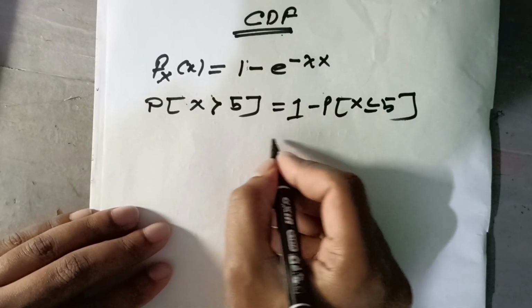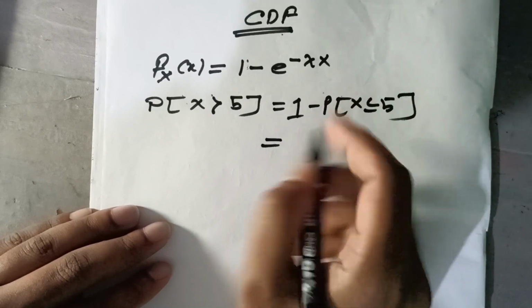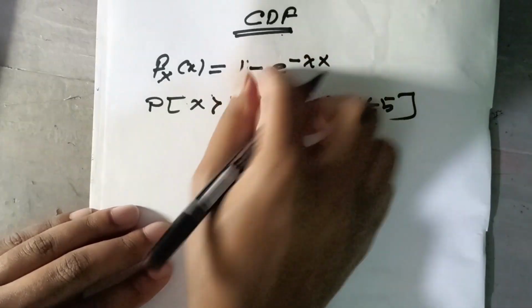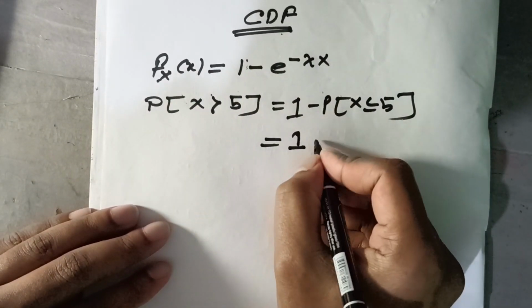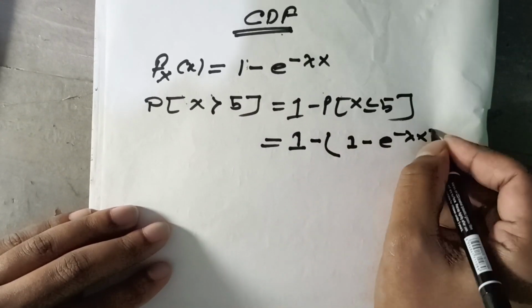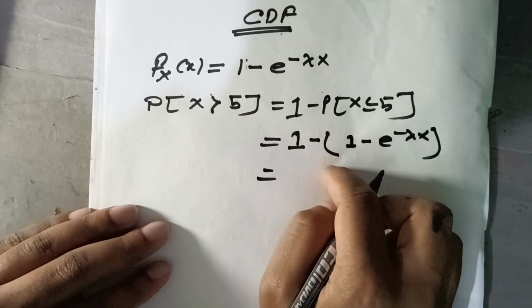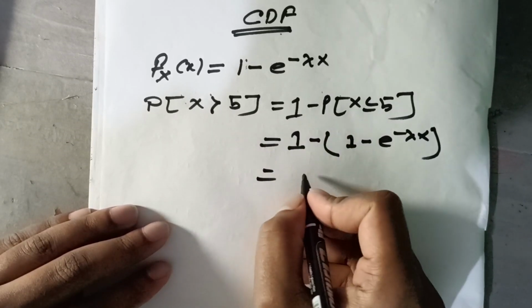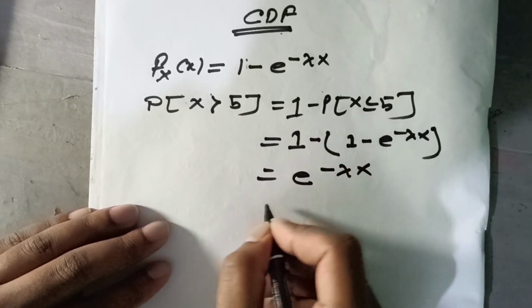And this is exactly the CDF. So I can directly put the CDF formula here: 1 minus, 1 minus e to the power minus lambda x, and the 1s cancel, so it is e to the power minus lambda x.